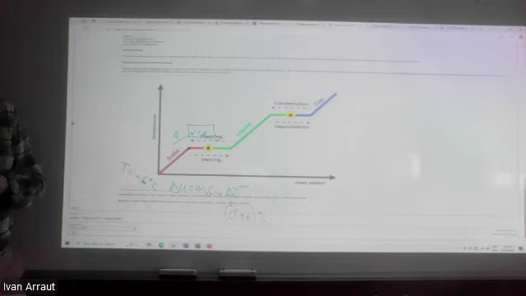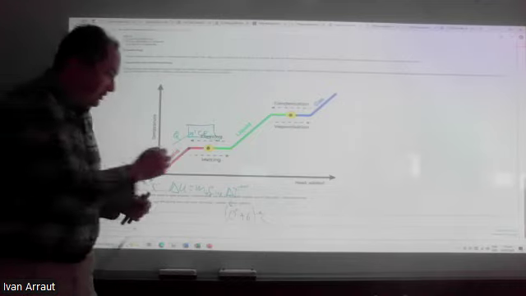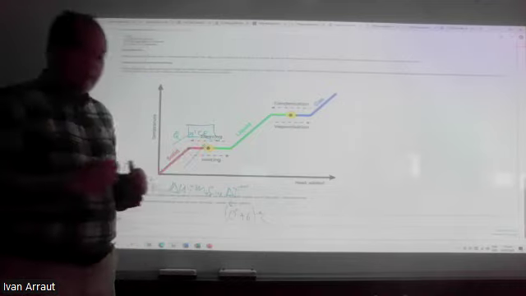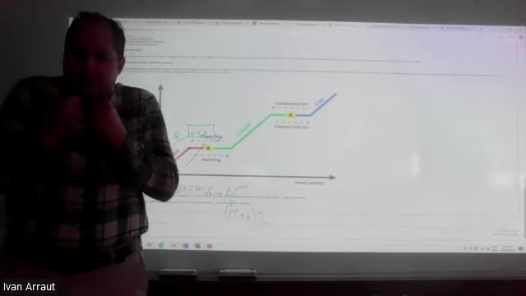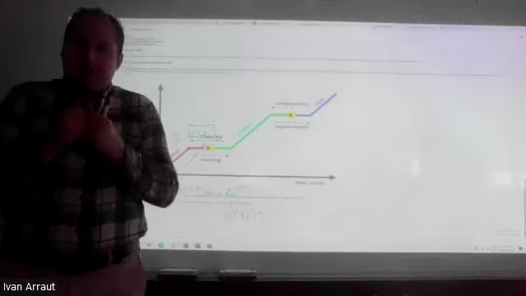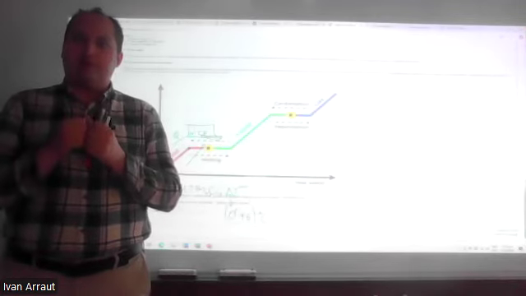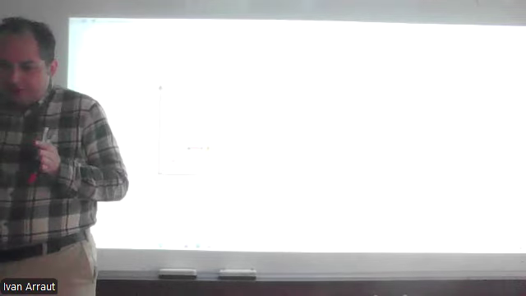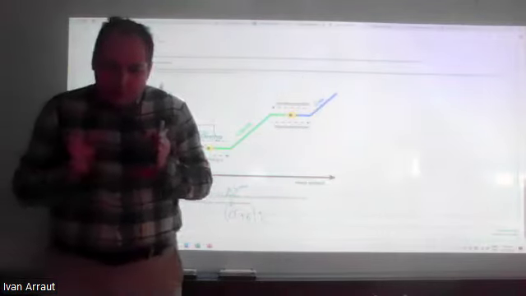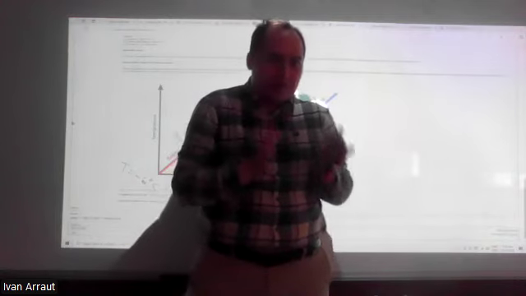I continue inputting heat here. And then the temperature will not change because this heat is being used for changing phase, for a phase transition. So the ice at 0 degrees will convert into water at 0 degrees.